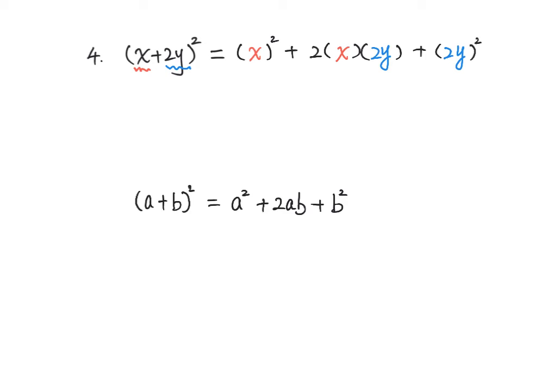So x squared plus 2x times 2y, which is 4xy, plus 2y squared, which is 2 squared is 4, y squared is y squared. Okay, x squared plus 4xy plus 4y squared. These three terms are unlike terms. We cannot combine. So this is the final answer.